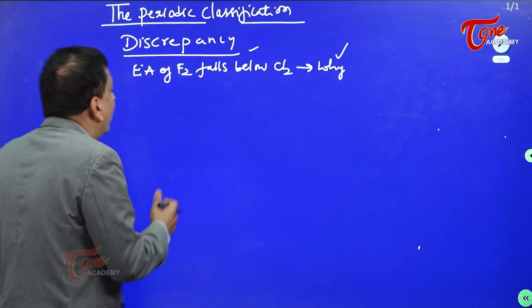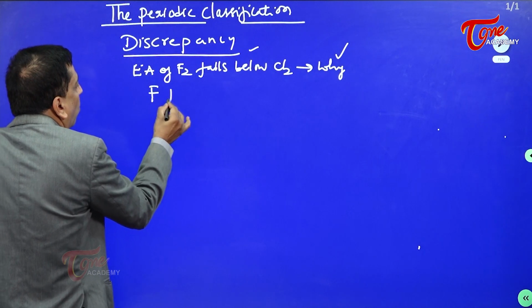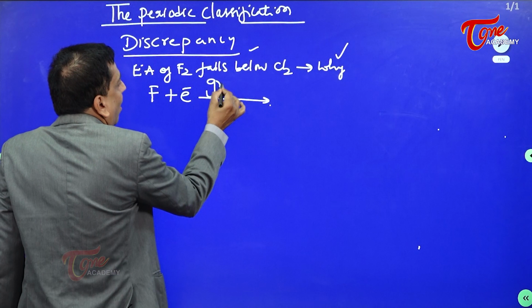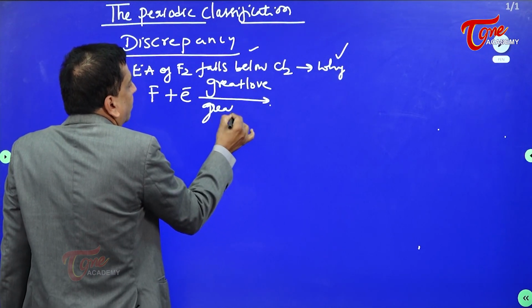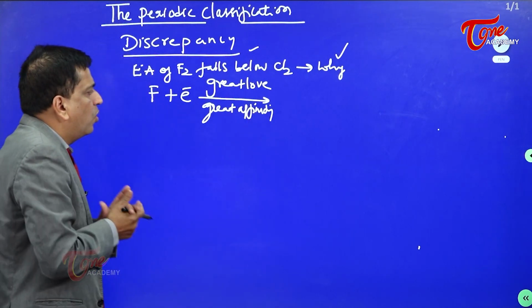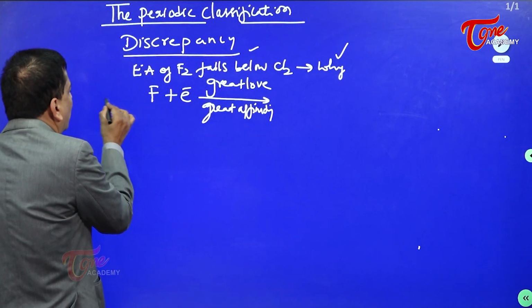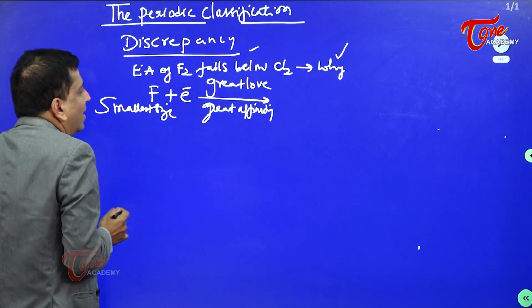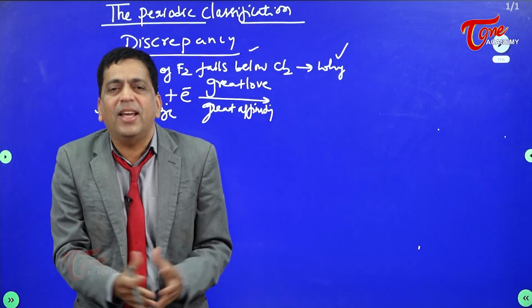Watch carefully here. If you see fluorine plus electron, it's a great love, a great affinity. Don't doubt fluorine, because it has the smallest size. When you have the smallest size and you add an electron, it will catch it like hell.